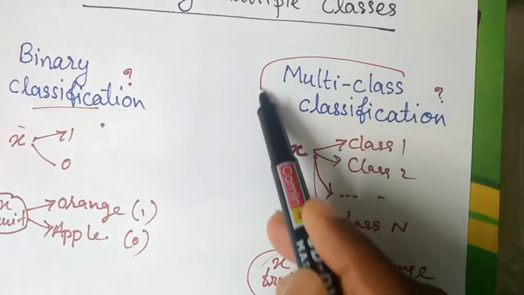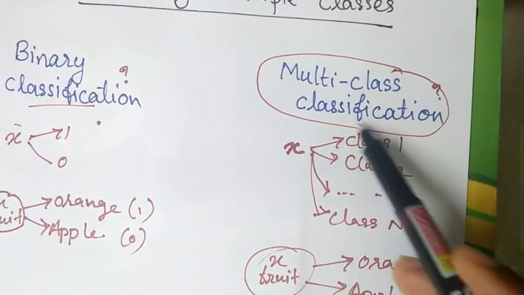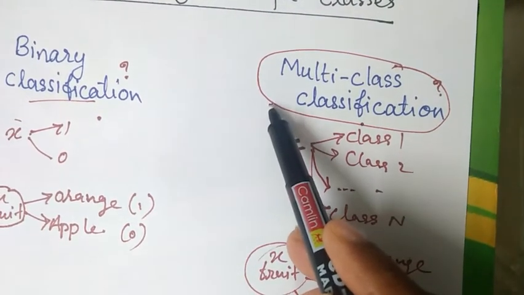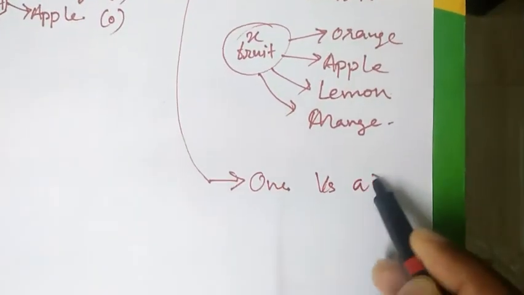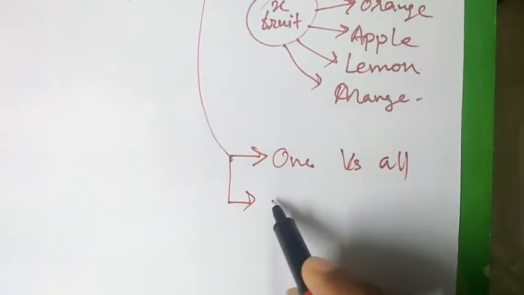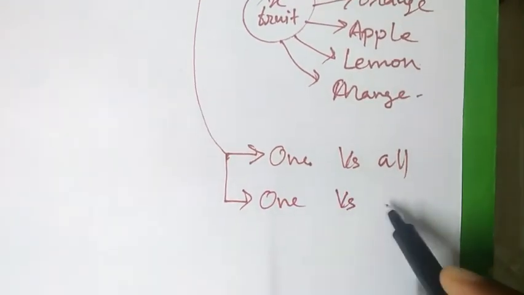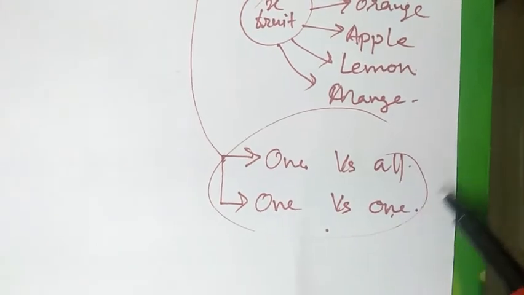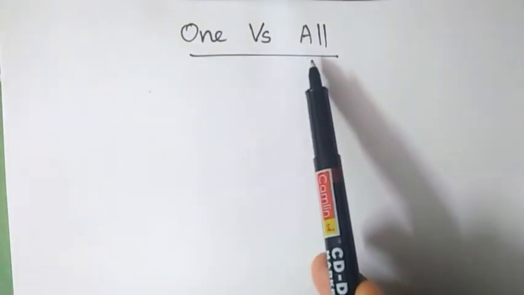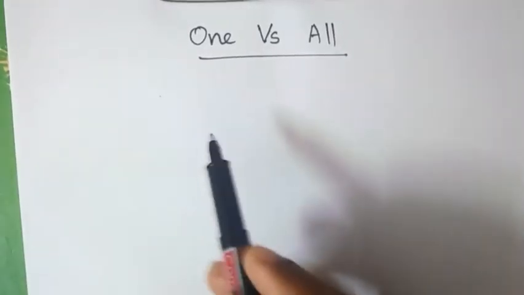Now let's see how these multi-class classification problems are handled. There are two methods: one versus all method and one versus one method. Let's see how these methods work. So what is the one versus all method? Let's see an example.